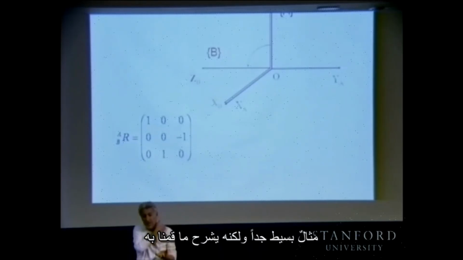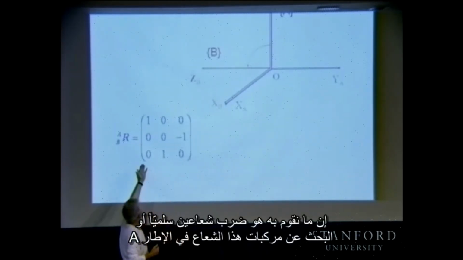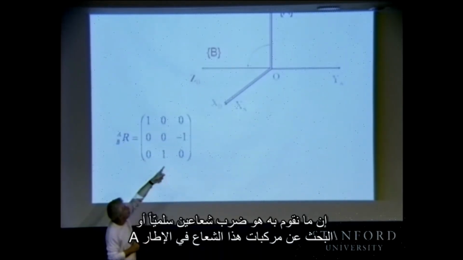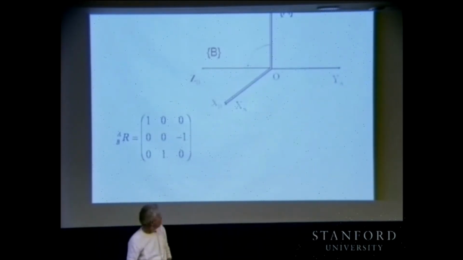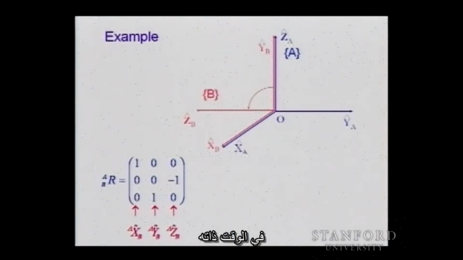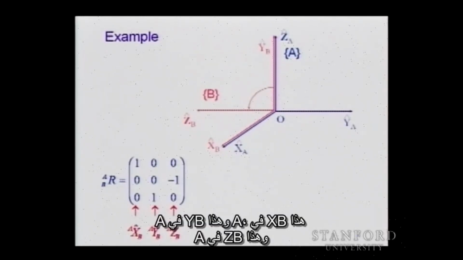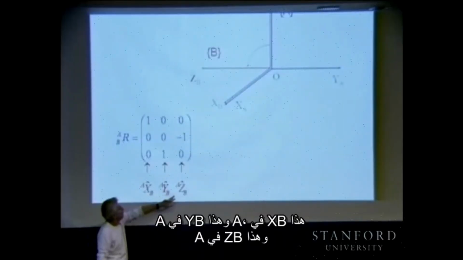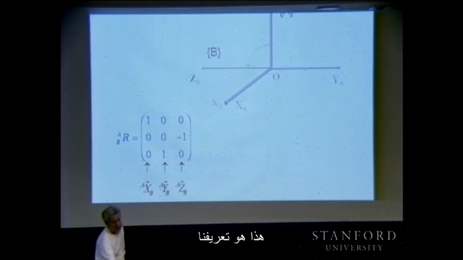Very simple example, but it illustrates what we have done. Essentially what we are doing is either a dot product between the two vectors or looking at the component of that vector in frame A. At the same time, if you think about this, this is XB in A, YB in A, and ZB in A. This is our definition.